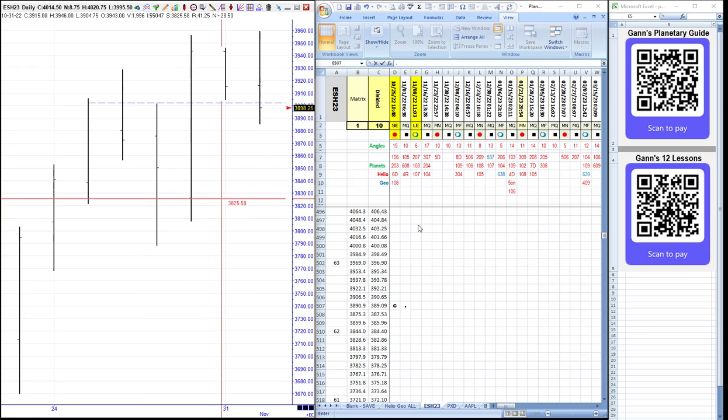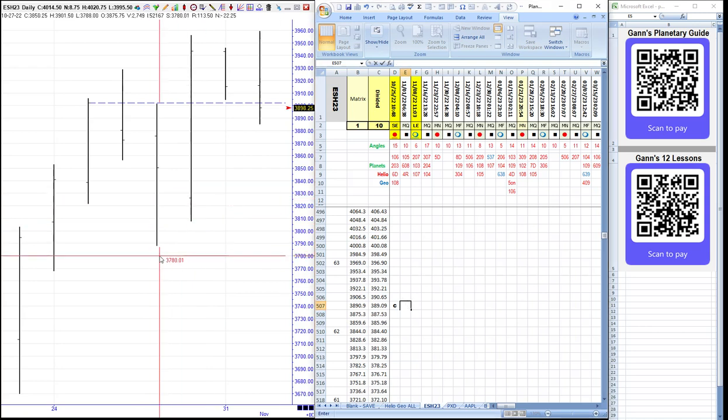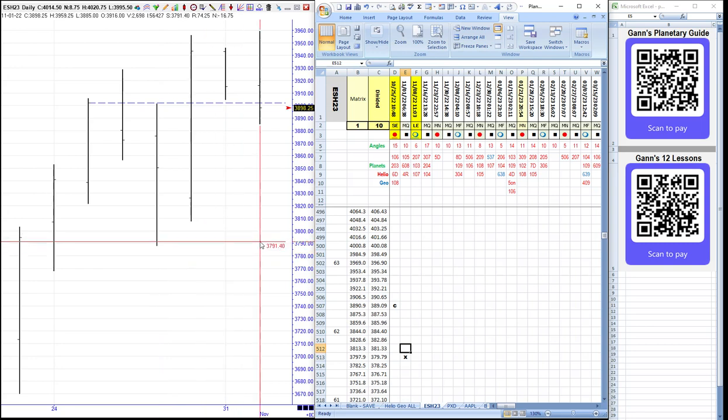This range right here. So you come in, and the low of that range was 37.88. Now 37.82.5 is below, so we plot it here. Now this is the first range, so I usually just plot X's if I know the trend is up, which I do.